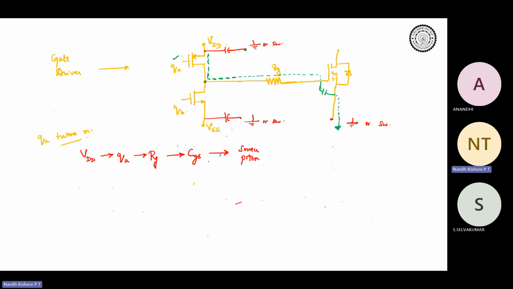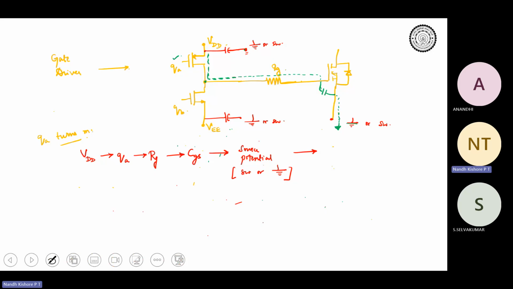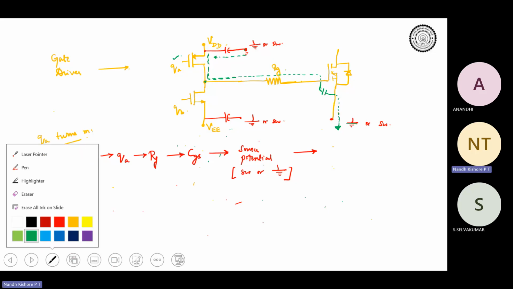We told that the source potential can be either the switching node or the power ground. Now that we have reached the power ground, that is the other side of the capacitor, so it will complete its path through the capacitor. Can you understand this path?